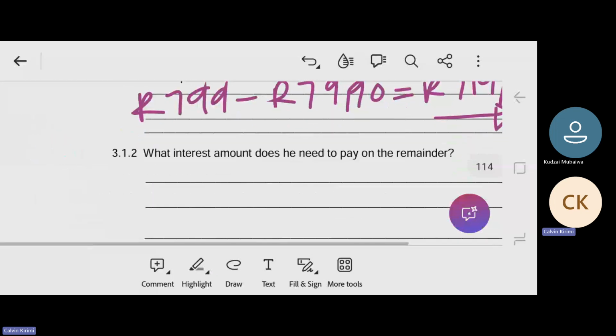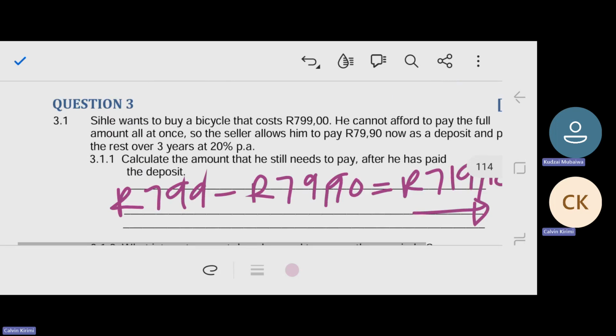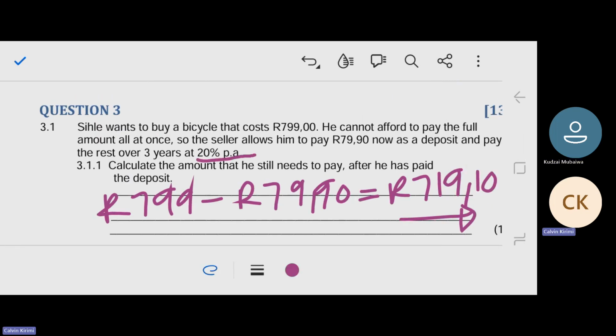So what is the formula for interest? Principal times rate times time. What is the principal? 719.10. Then the rate, they say 20% per annum for 3 years.